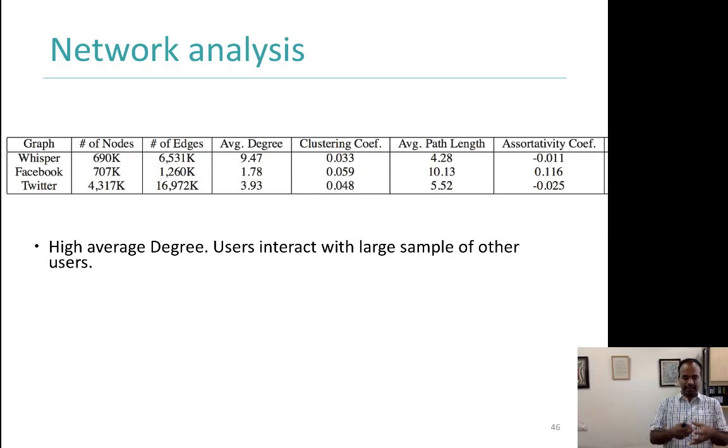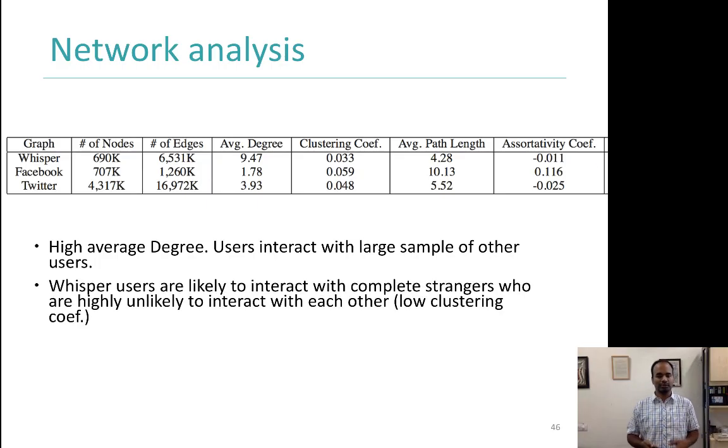This means that I'm connecting to a lot more people, which is also connected to the clustering coefficient. It says that users interact with a large sample of other users, which means any user in Whisper is not restricted only to a set of people they otherwise interact with. They interact with a large set of people.